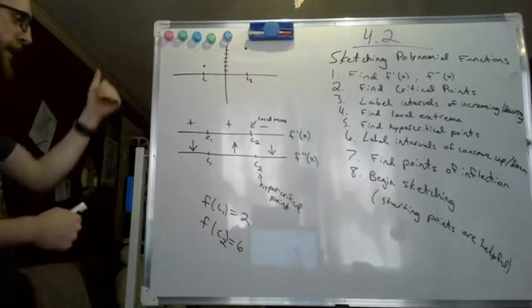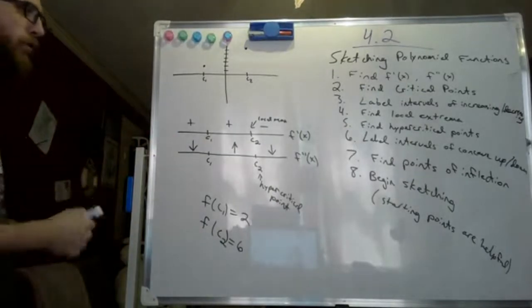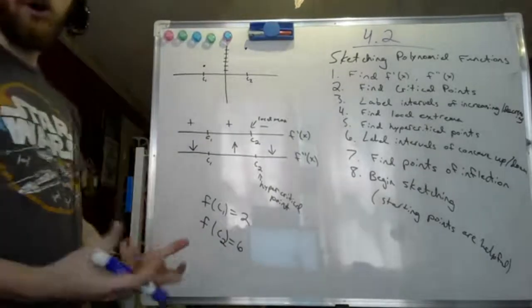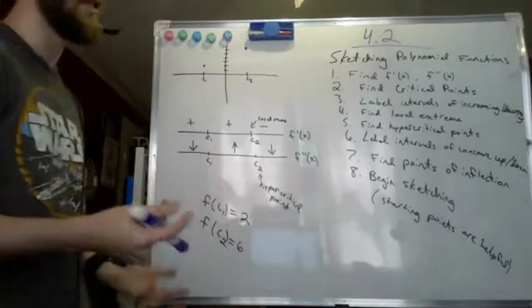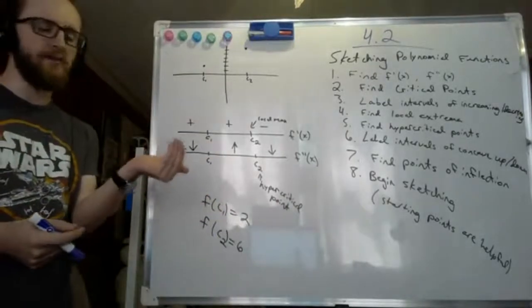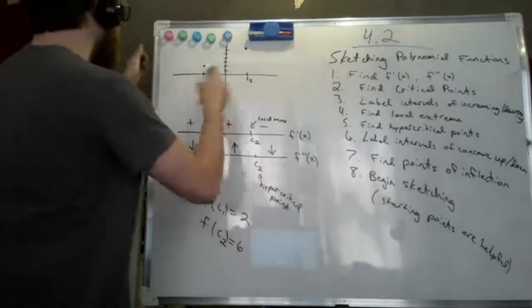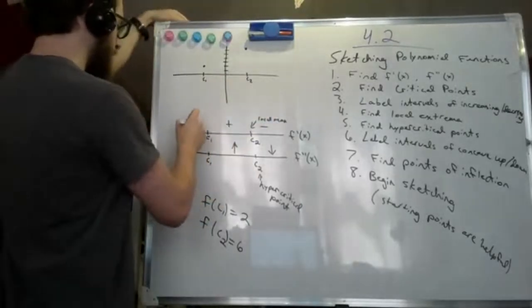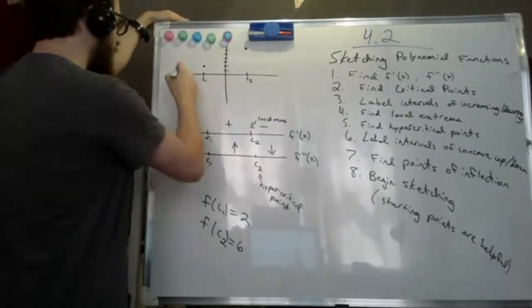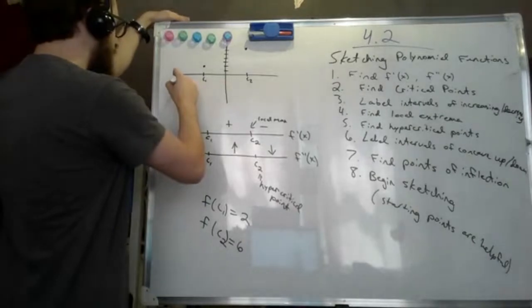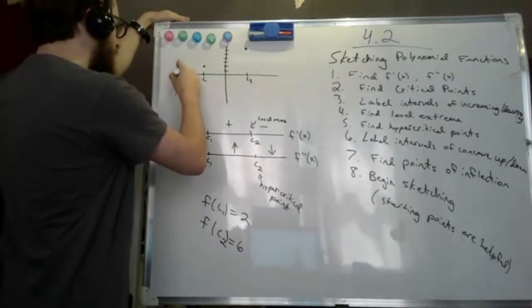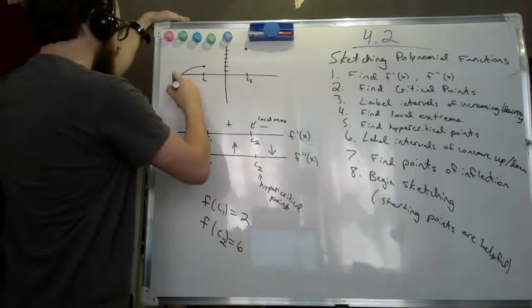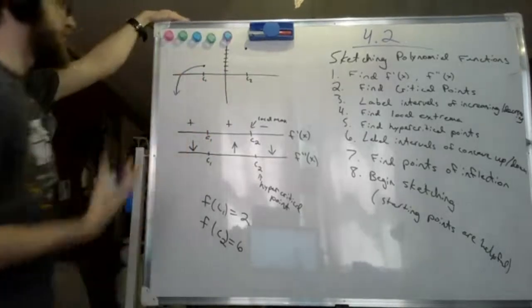So I should have a curve that's facing downward. If I were to pour water over it, then the water should just slide off. It's not going to be able to hold water. It doesn't have a bowl shape. So that means if it's increasing and concave down, then maybe it looks something like this.